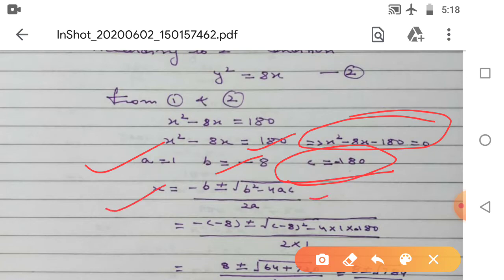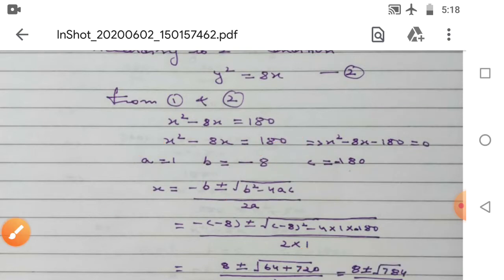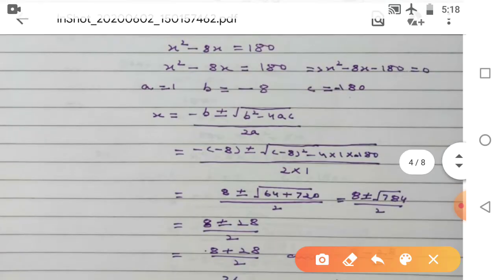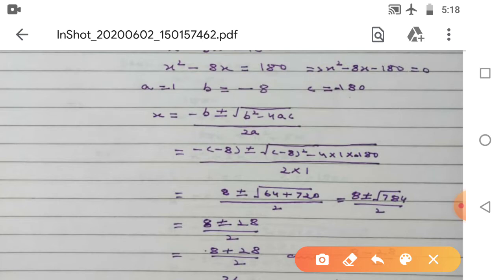And the formula you know this, x is equal to minus b plus minus under root b square minus 4ac upon 2a, right. Now, put the values of a, b, c here in this formula. So, minus b is 8, so this is 8 plus minus under root b square, that is minus 8 whole square, minus 4 into a is 1, right, and c is minus 180, clear.